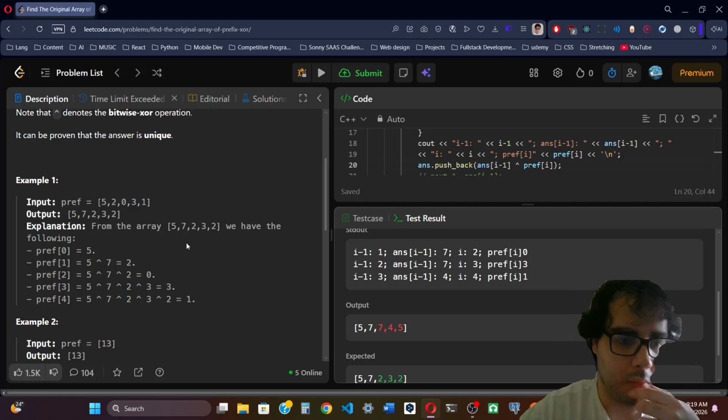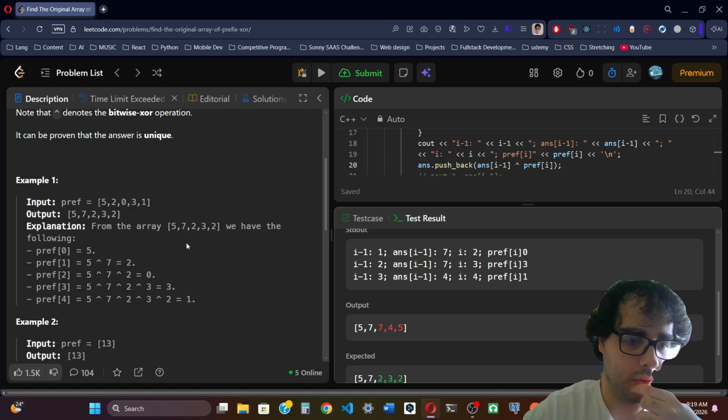So I want which number XOR with this is going to give me 2 basically. 5 XOR 2 is 7.